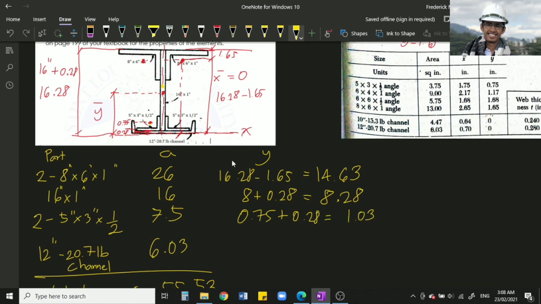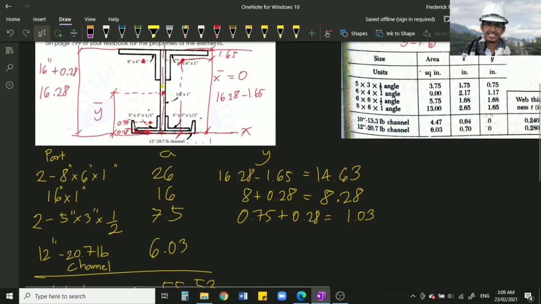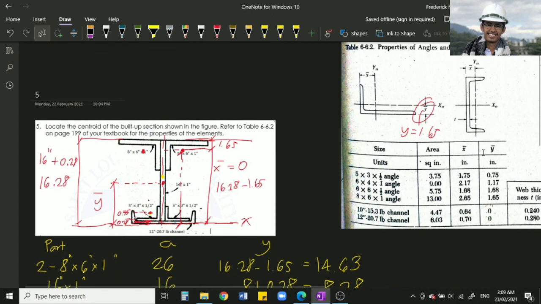And then for the 12-inch C channel, so that will be bar Y. Ay hindi yung kalahati ng 0.28. So yung bar X niya is X. Okay? Tama. So dito yon. Kung nakahiga yung ating section, no?